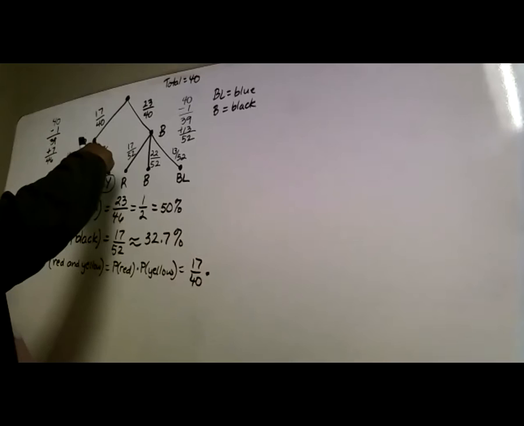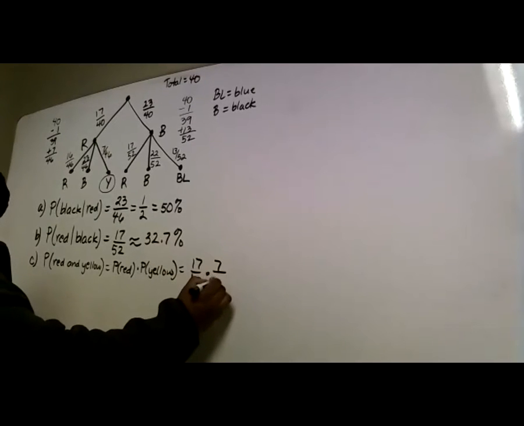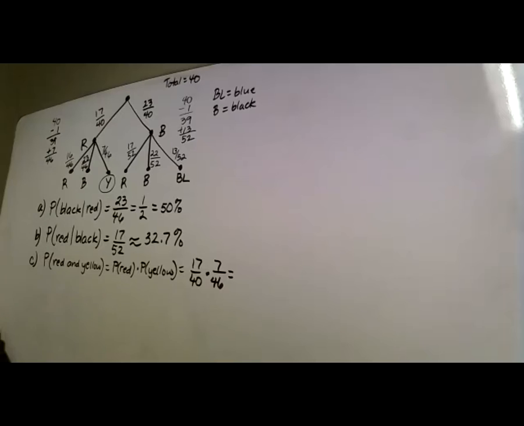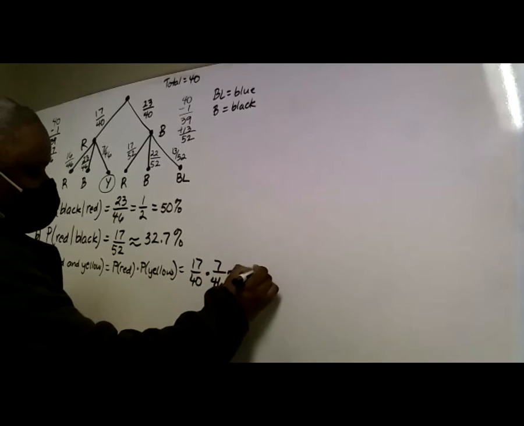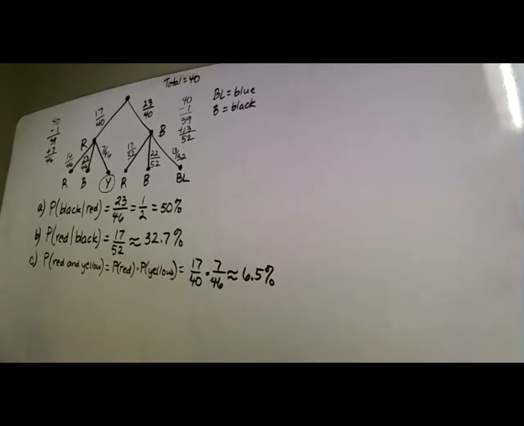And the probability of getting yellow, that's 7 out of 46. So in this case, 17 divided by 40 times 7 over 46. If I multiply that by 100, that would be approximately 6.5%. Okay. Questions on part C?